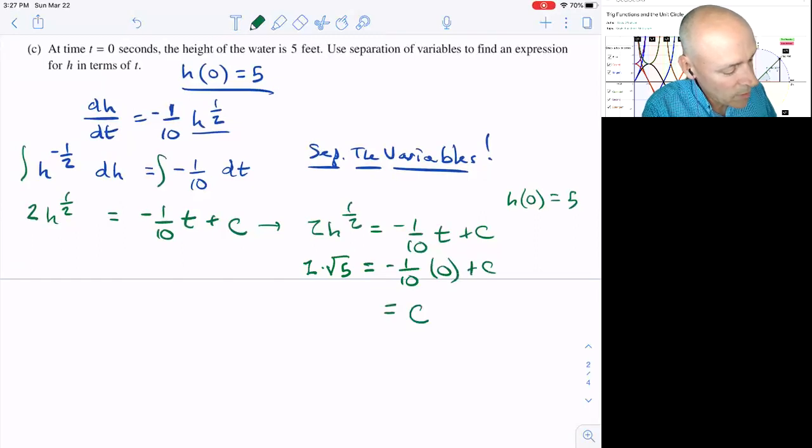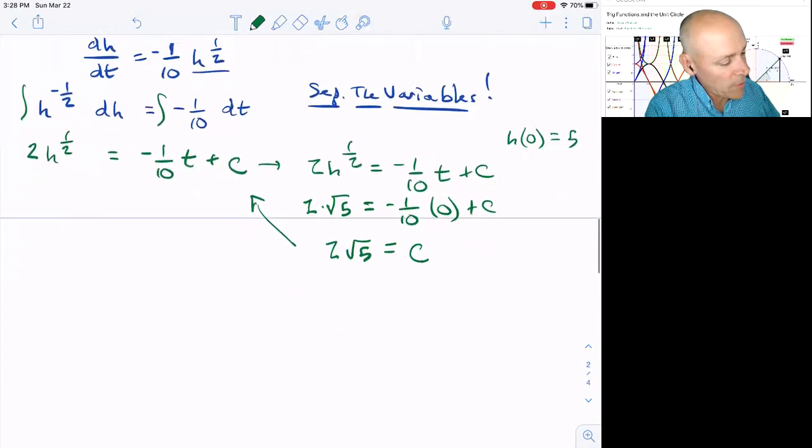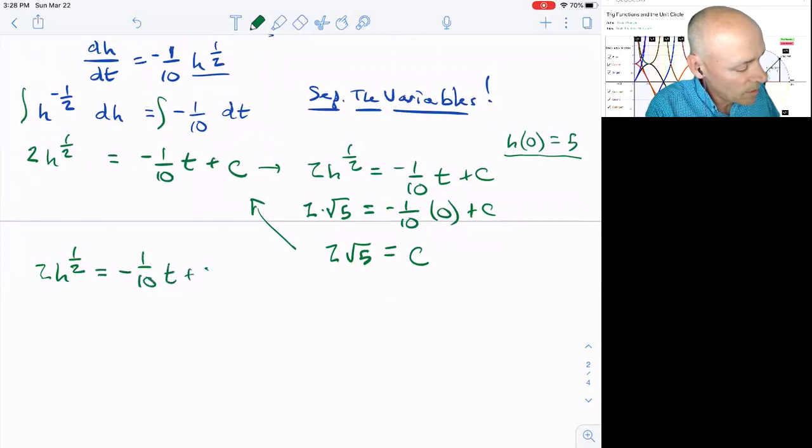So c is going to be equal to 2 square root of 5. That's the value of my constant of integration given this initial condition. So I've got 2h to the 1/2 is equal to negative 1/10 t plus 2 square root of 5.